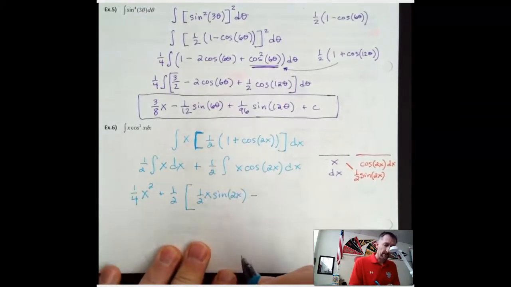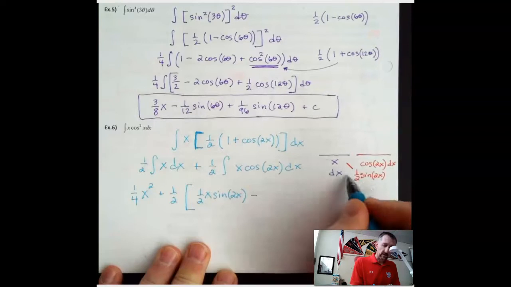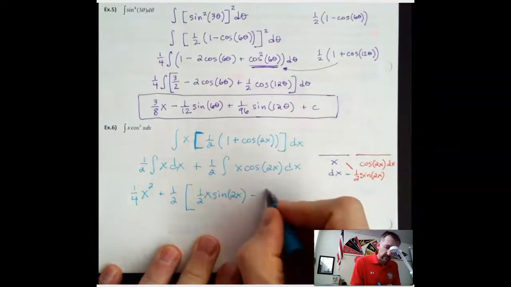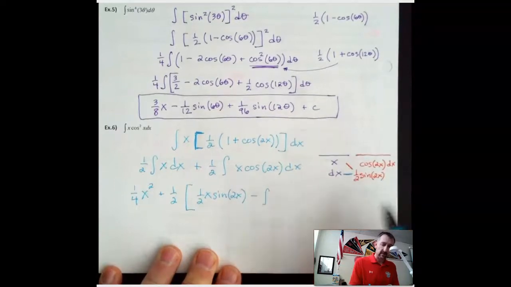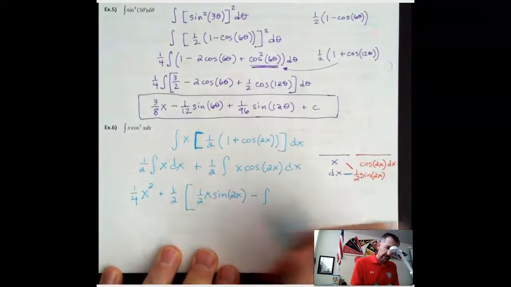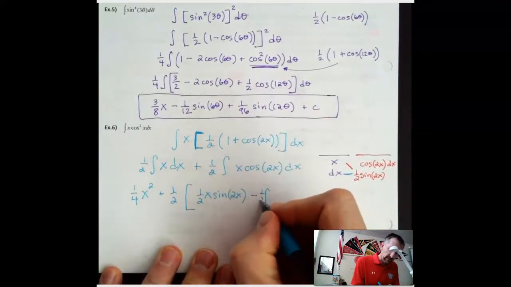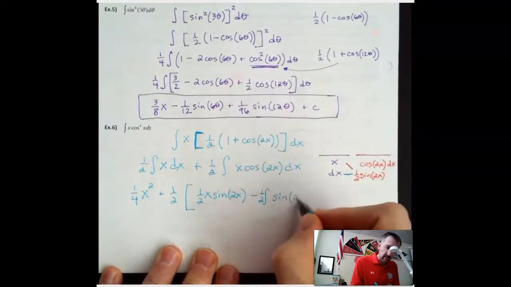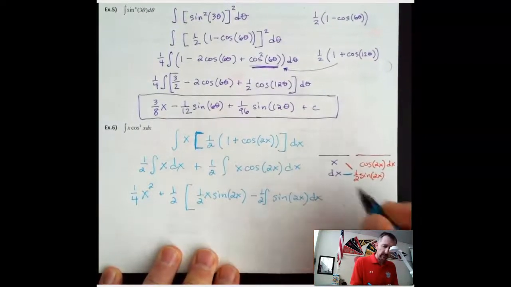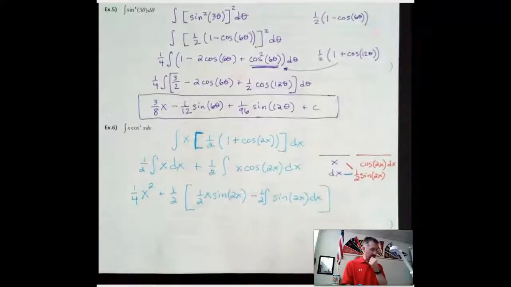minus, and then we're going to get this. So that's going to be the integral. That's not a minus sign. So then we're going to get the 1/2 we can factor out here. And then we have the sine of 2x dx there.